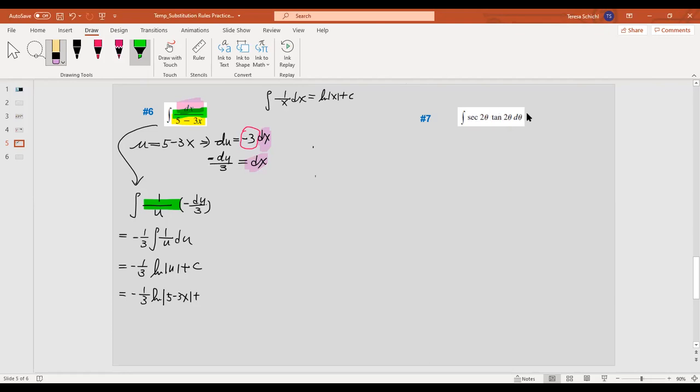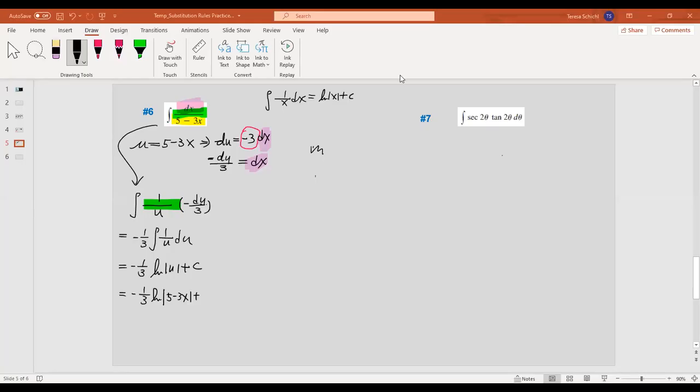So you say, how about I treat the tangent as my u? Then the problem is that if you take the du, the tangent will give you secant squared, and you don't really have the secant squared here. So that's probably not a good choice. So what do I need to do here?